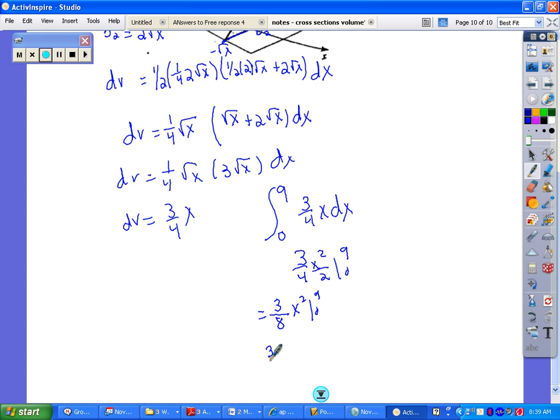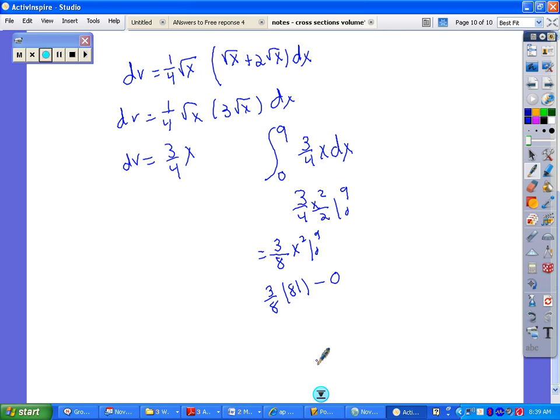So that's going to be 3/8 times 81 minus 0. And if we plug that in our calculator or multiply it, it's 243 over 8. But you can again leave it like this for the free response.